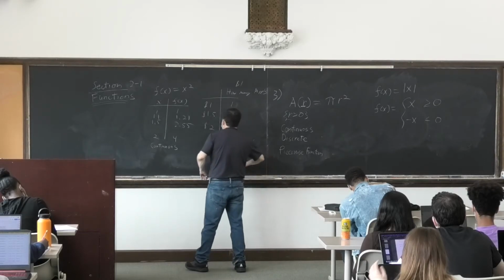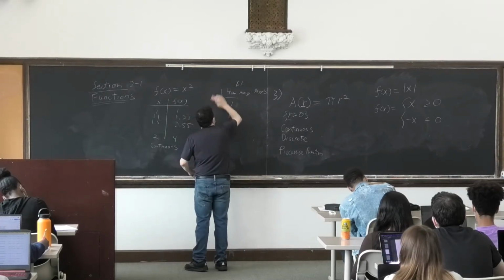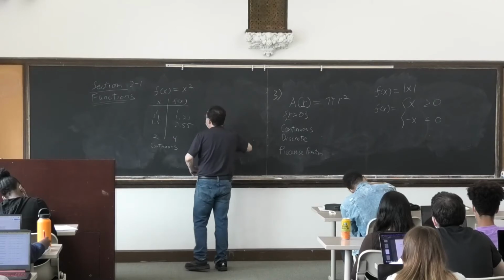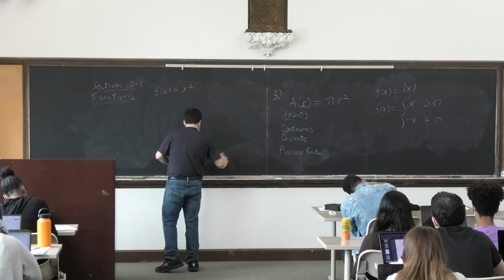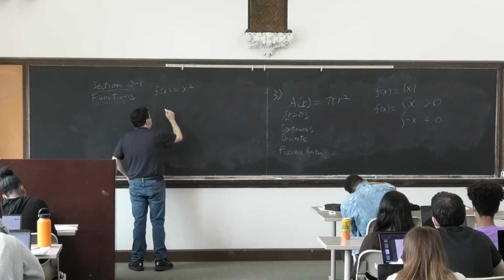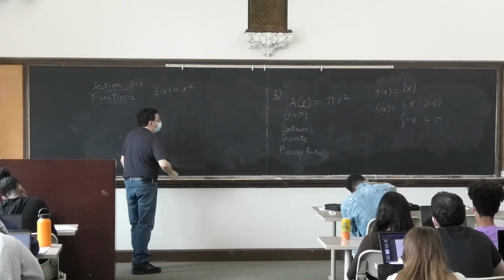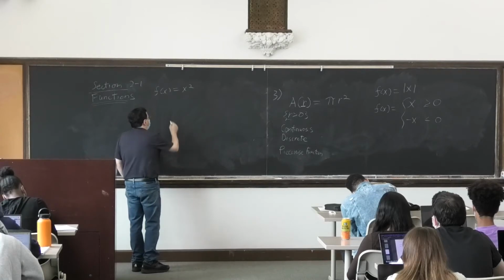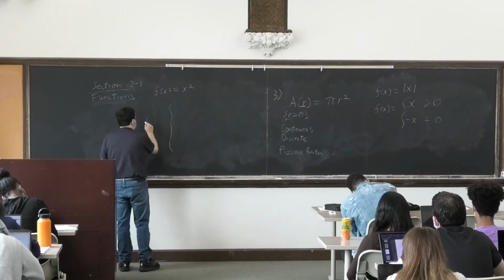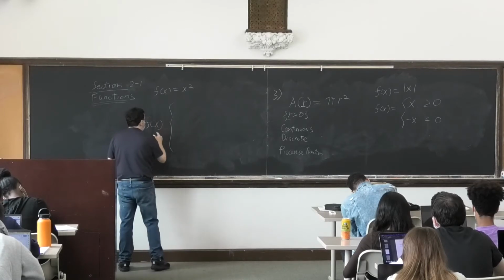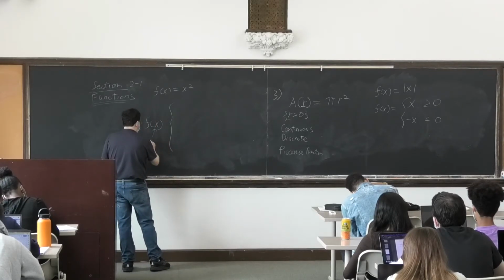So this is what we mean by a piecewise function, where we define it in pieces. Another example, I guess, is pretty much the stamp example. How much does it cost to send a letter, where x is the weight in ounces?